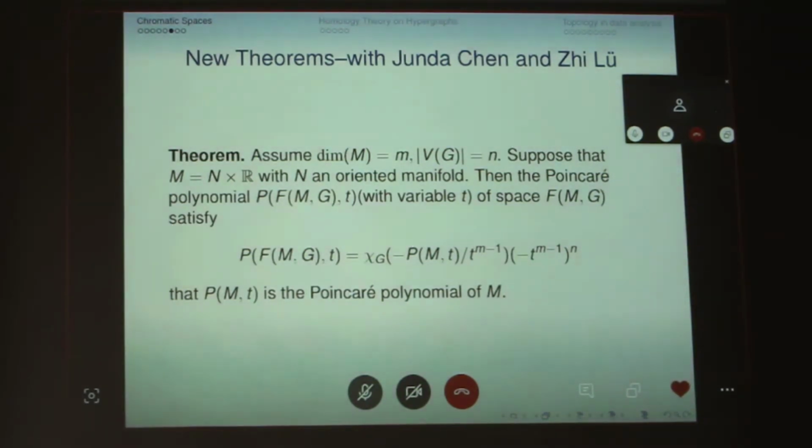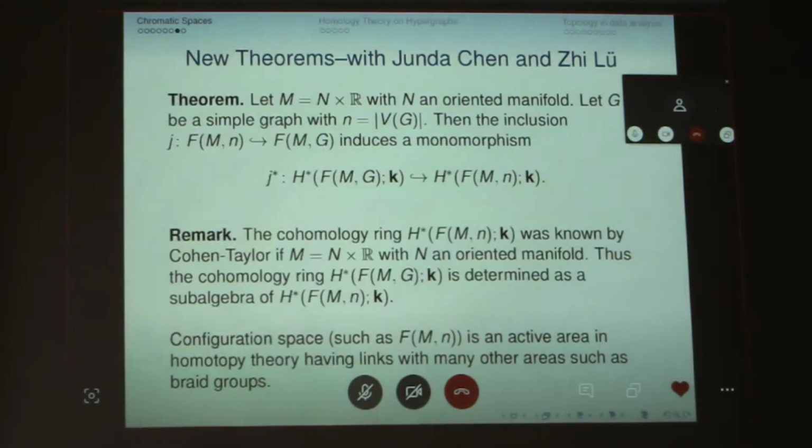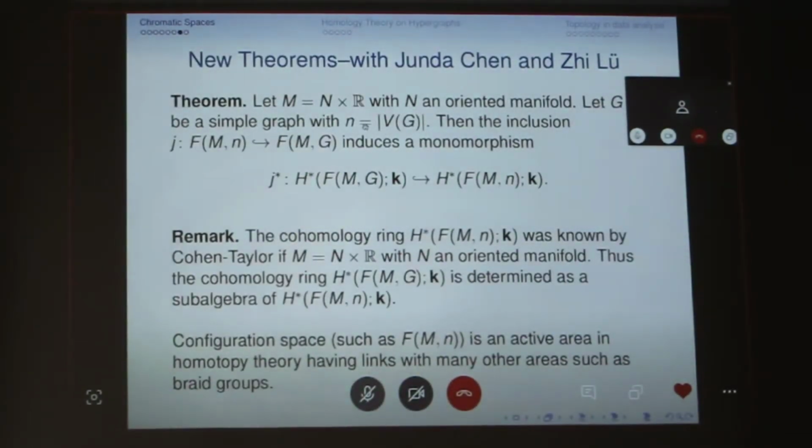Okay, so I'll mention a bit more. In our case, n is the manifold times R. You see that we have the geometric space. That means the coordinates of these n points, where some of them are not equal: coordinates i and j are distinct if they are joined by an edge of the graph G, right?